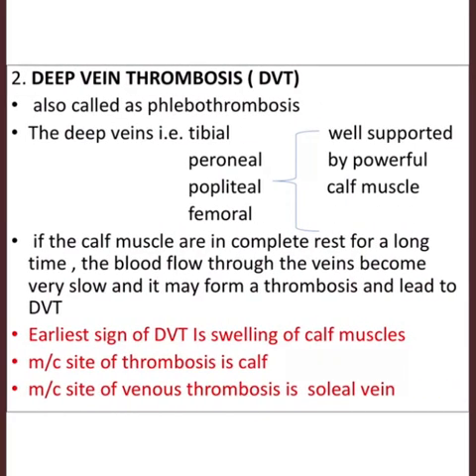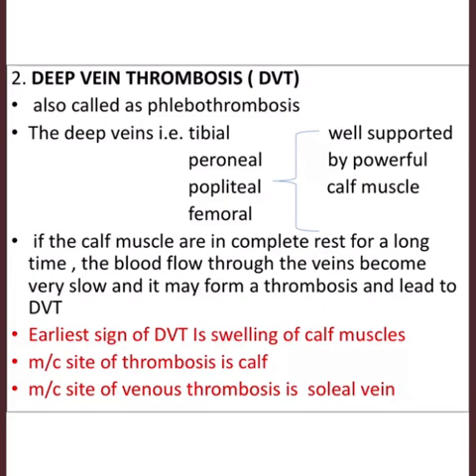Deep vein thrombosis, DVT, is also known as phlebothrombosis. Deep veins are the tibial veins, peroneal veins, popliteal veins, and femoral veins. They are well supported by powerful calf muscles, like gastrocnemius and soleus.